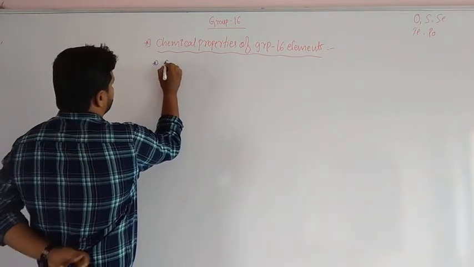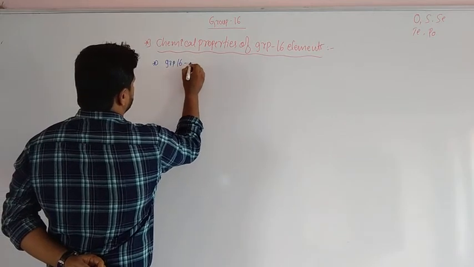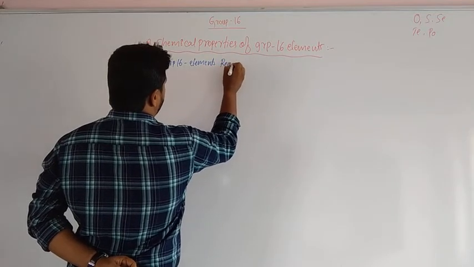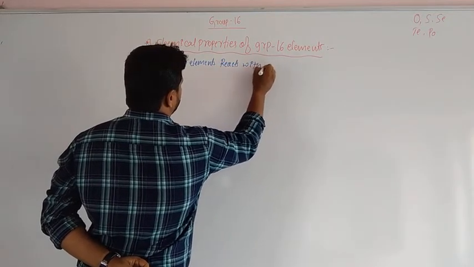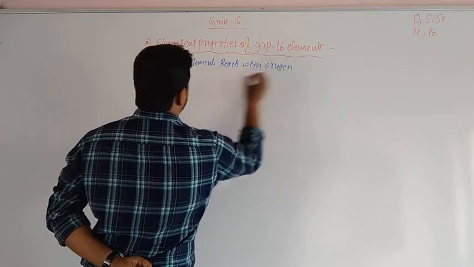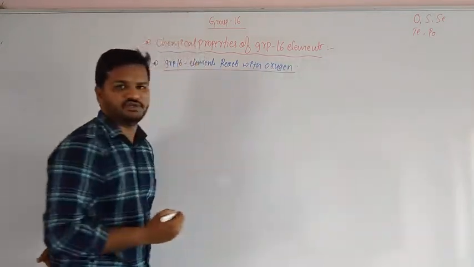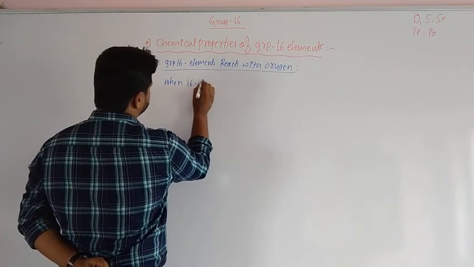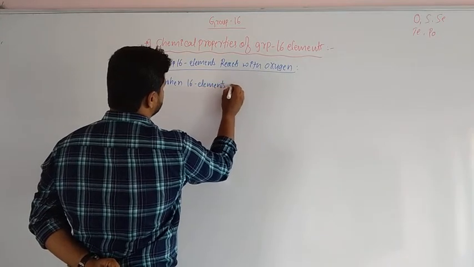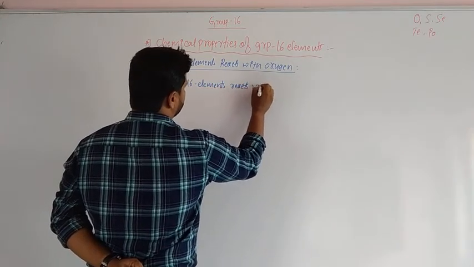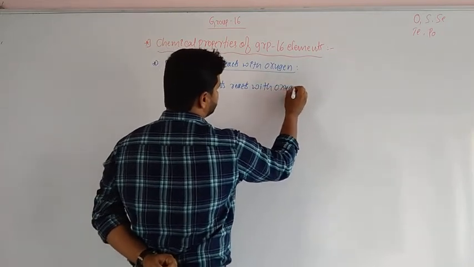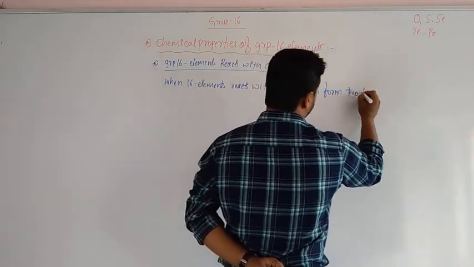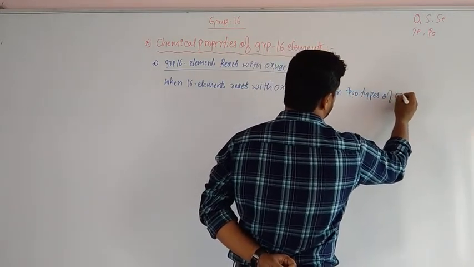Group 16 elements react with oxygen and can form two types of oxides.